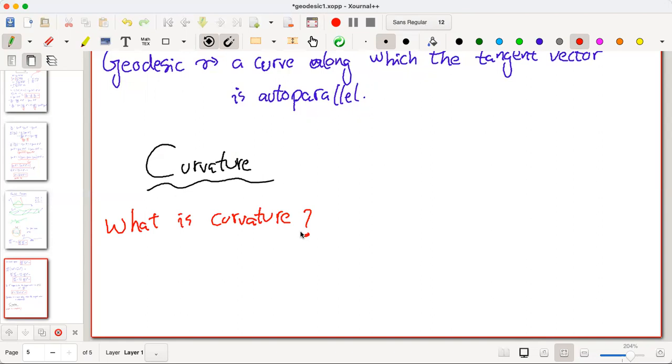For example, you can intuitively say that your blackboard or your whiteboard or your piece of paper is flat. But the surface of a basketball or the surface of a football, a soccer ball, is curved.